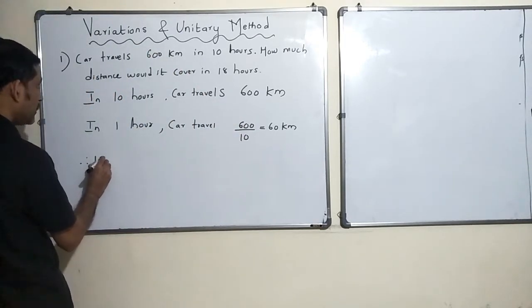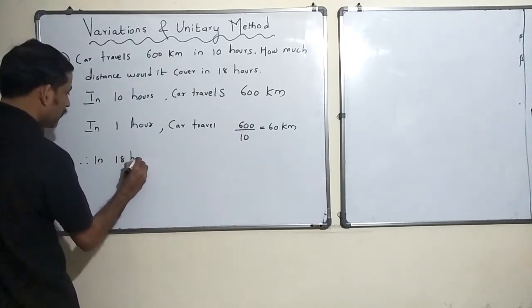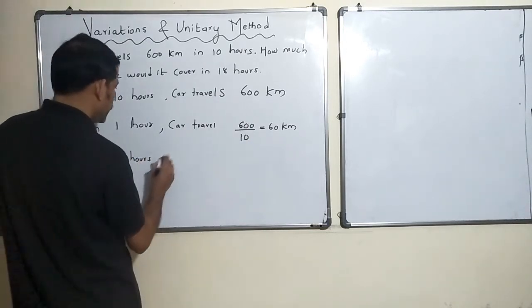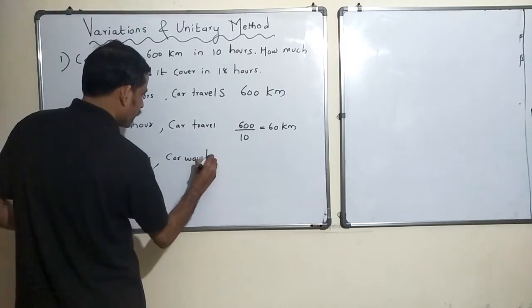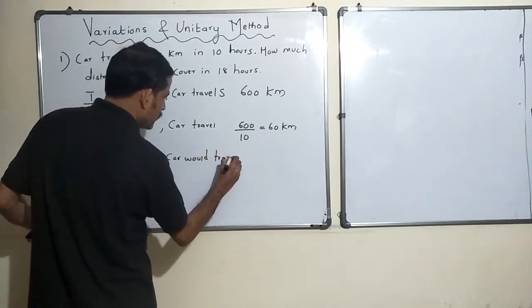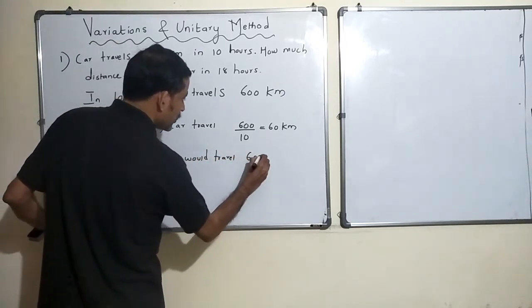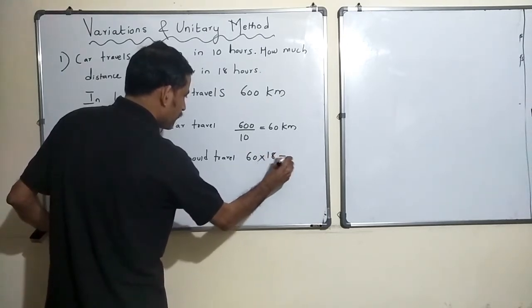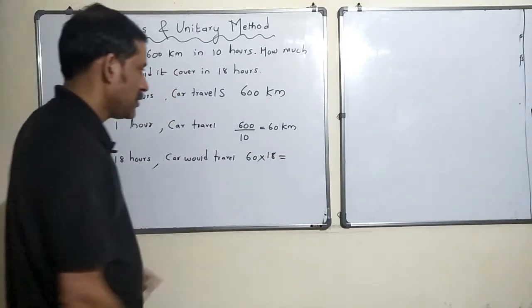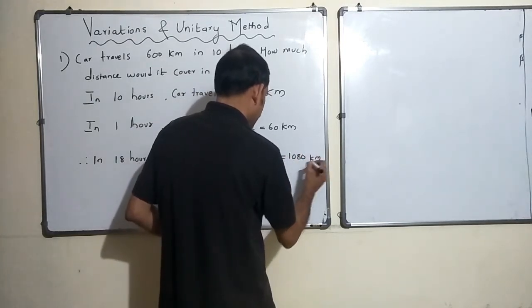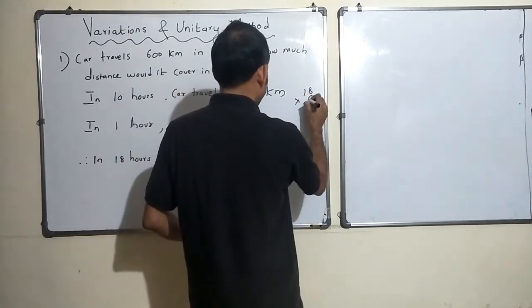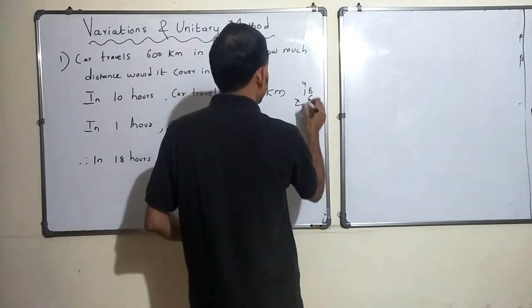So in 1 hour, 60 kilometers. Therefore, in 18 hours the car would travel 60 kilometer in 1 hour into 18. I think this would be 1080 kilometer, correct? 18 into 6, yeah.